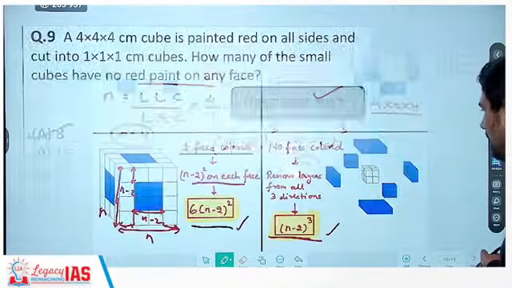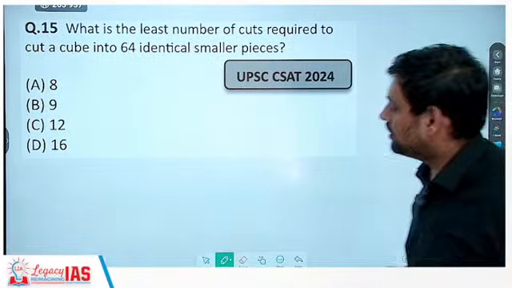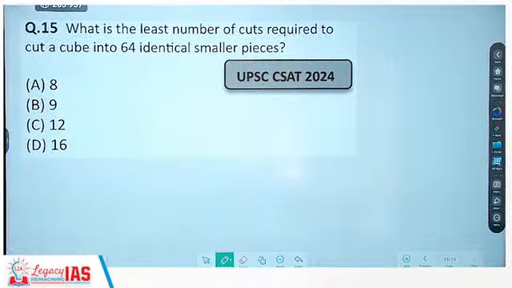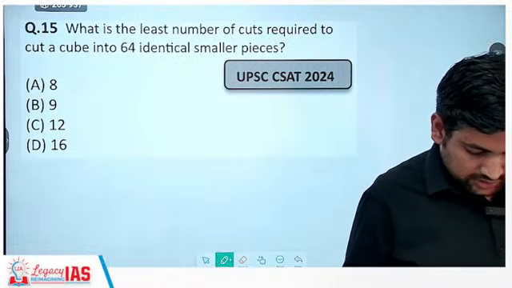Now let's see this. It is asking: what is the least number of cuts required to cut a cube into 64 smaller pieces? Try to do it.